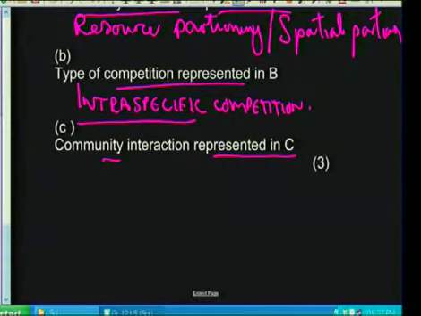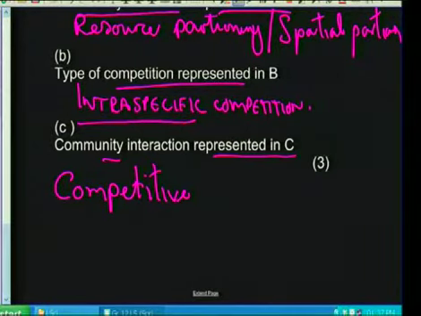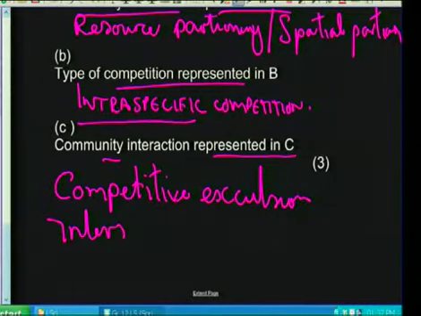We call this competitive exclusion, or we can refer to it as interspecific competition.